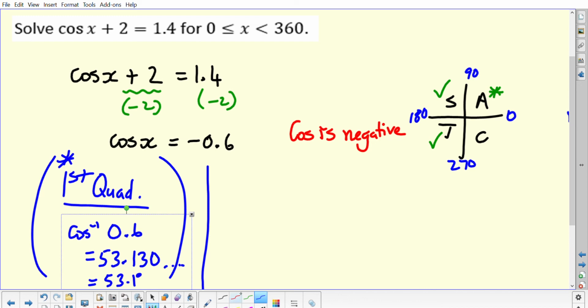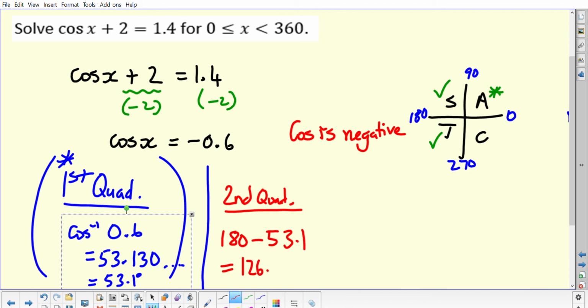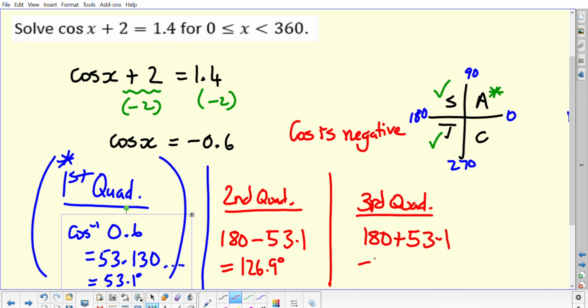I do, however, need to get the one in the second quadrant, so my second quadrant angle will be 180 minus the 53.1. Doing that on the calculator, I get 126.9. And then my third quadrant angle is 180 plus the 53.1, so we end up with 233.1.